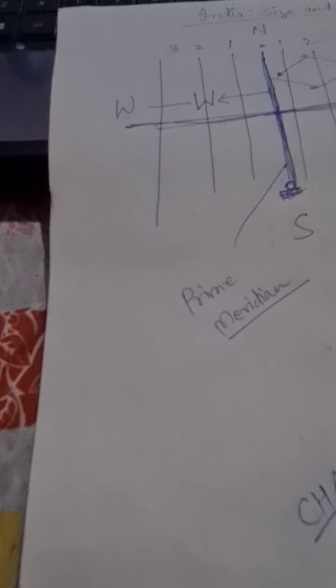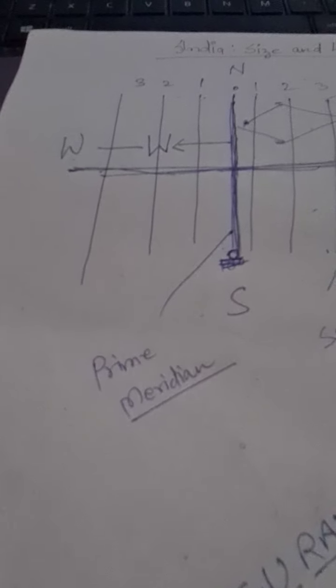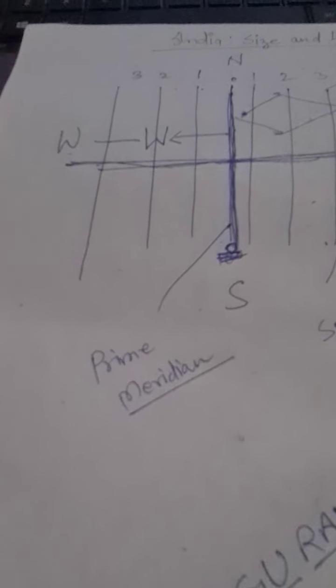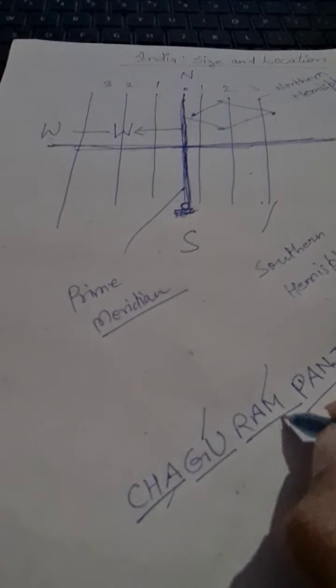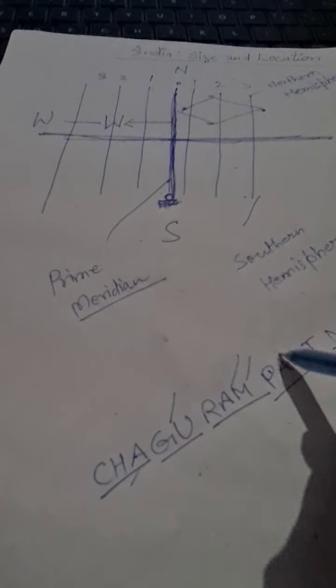The formula which can be easily given to learn these state names is Chaguram Panj Mitri: Chhattisgarh, Gujarat, Rajasthan, Madhya Pradesh, Paschim Bengal, Mizoram, as well as Tripura.